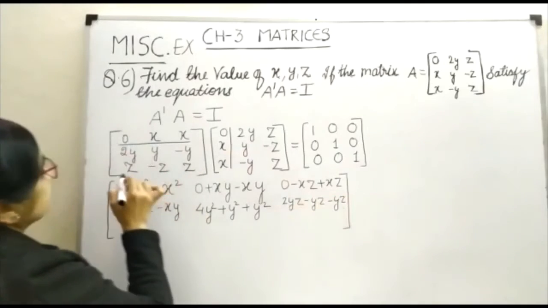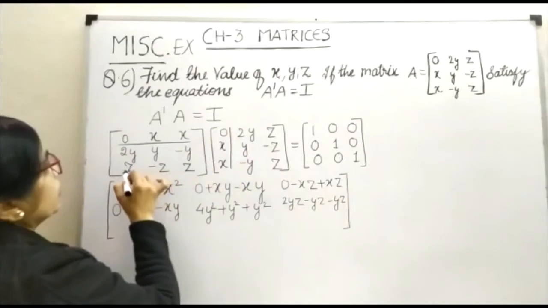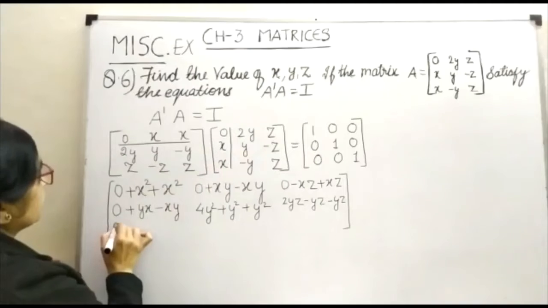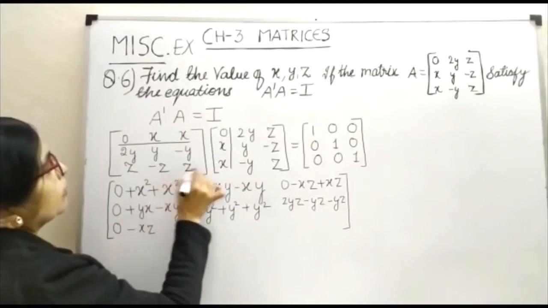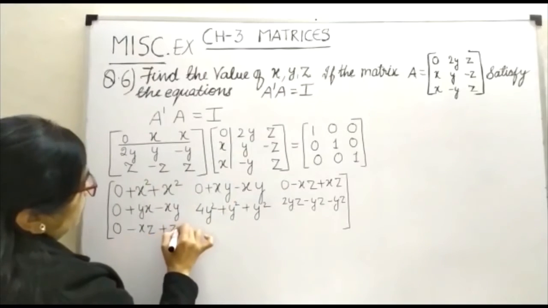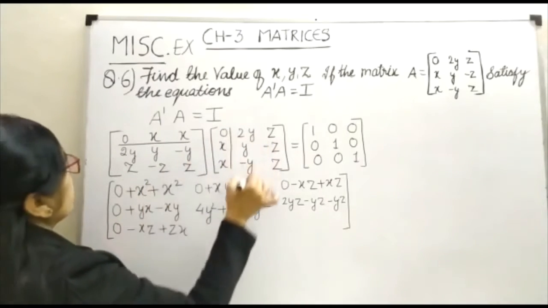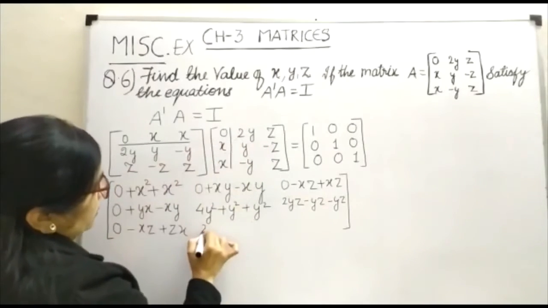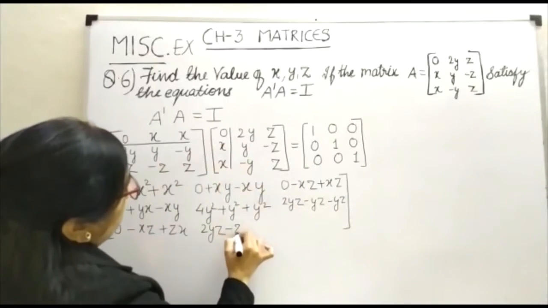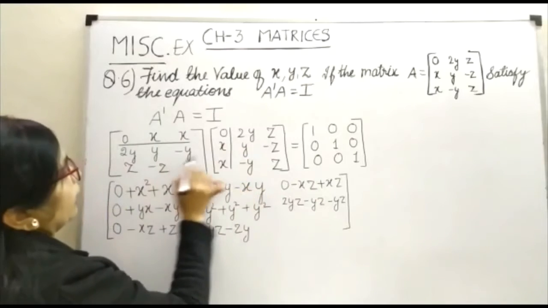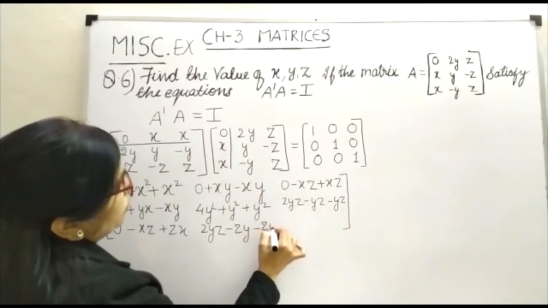Then third row, first column: z into 0 is 0, minus xz, minus xz plus zx. Then third row into second column: 2yz, minus zy and again minus zy.